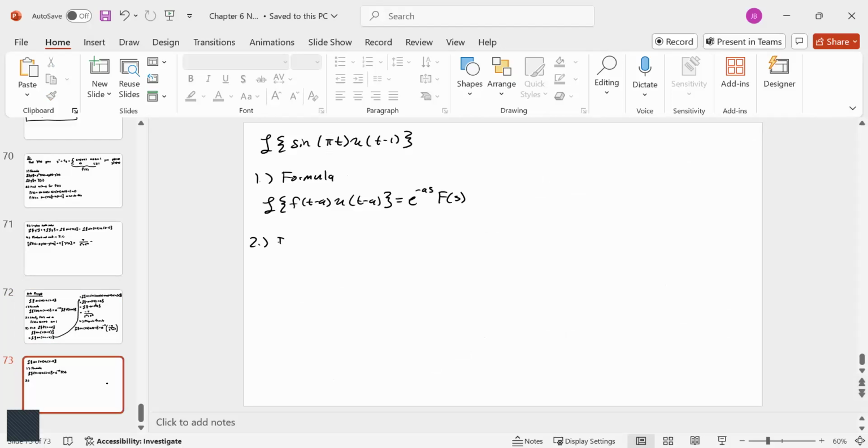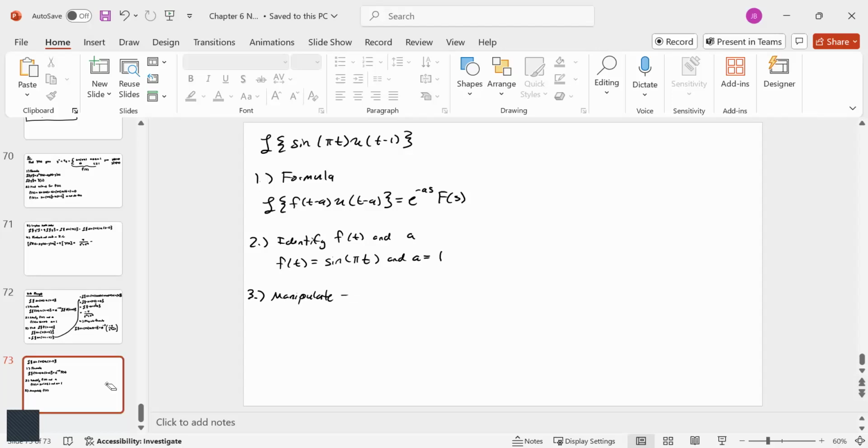So step 2 is to identify f of t and a. So f of t is equal to sine of pi t, and a is equal to 1. And then step 3, we want to manipulate f of t.